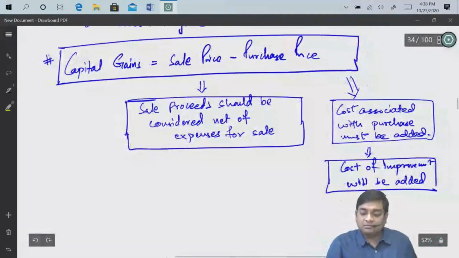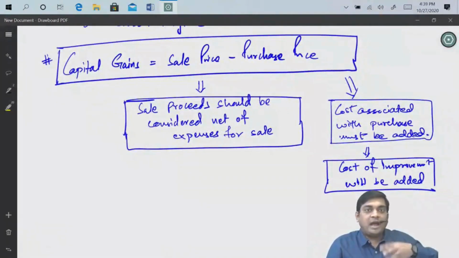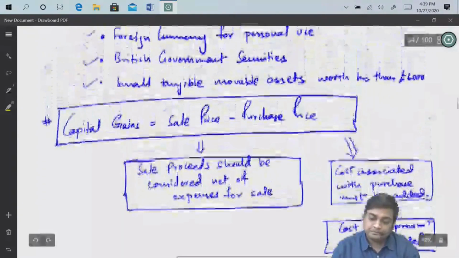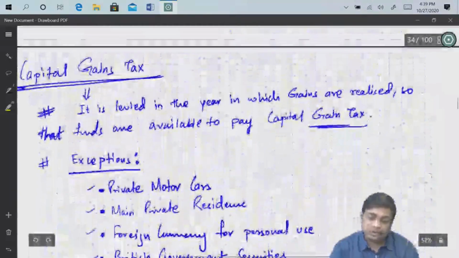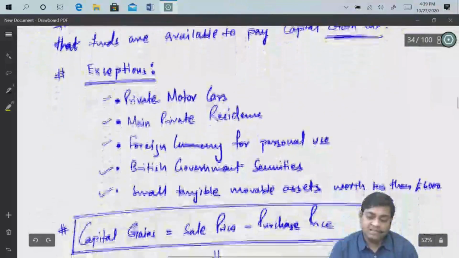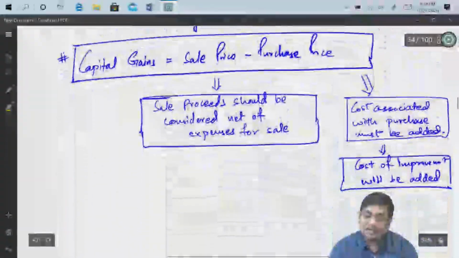I had a jewelry. In that 4 diamonds were there. I added one more. That's cost of improvement, right? So it is very clear in which year you realize it. These are the exceptions, and this is how the gain is calculated.